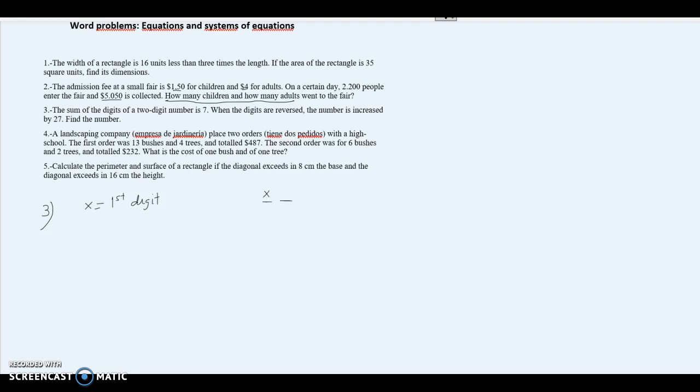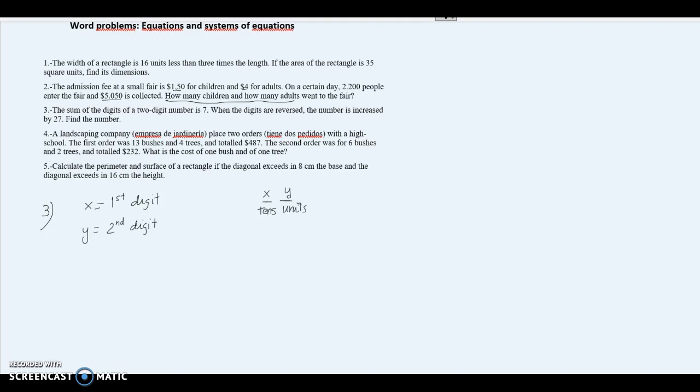The first is x, so we say that this digit is the tens. And the second digit, y, you remember well, this digit or this figure is the units.